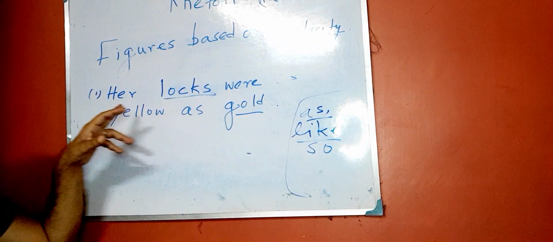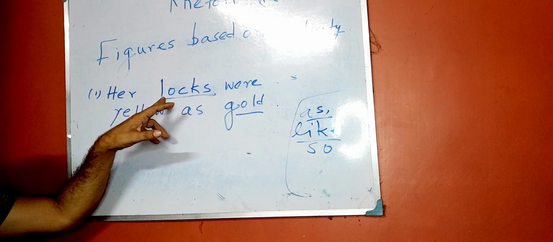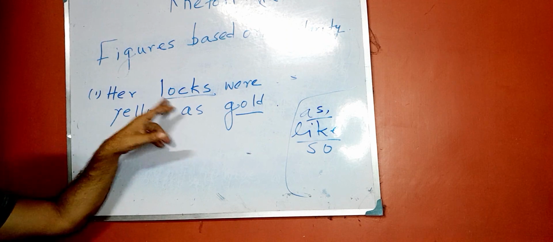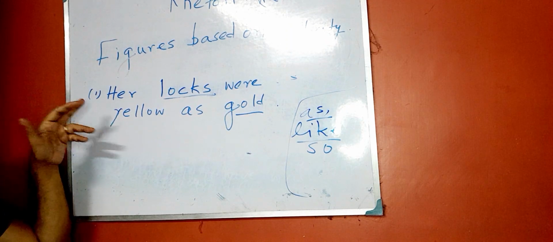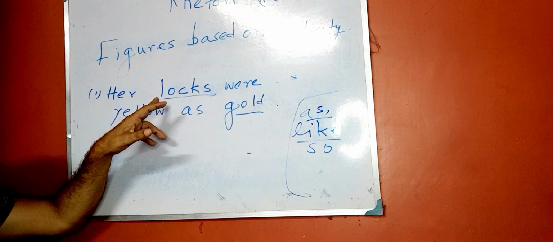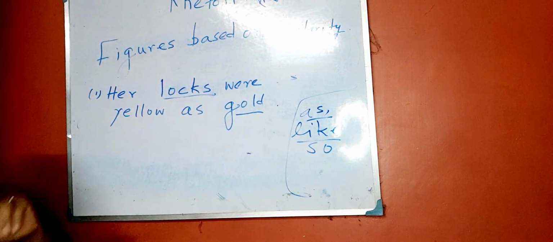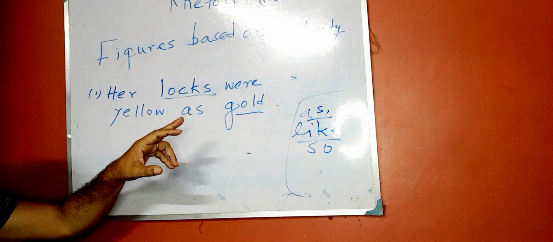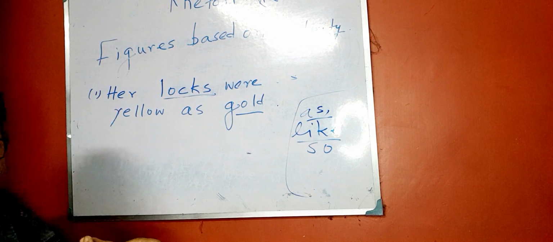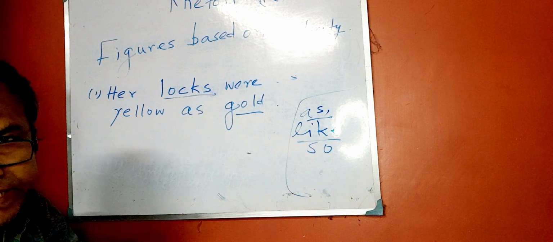So two unallied objects are compared. You can say in this way, the two objects, locks and gold, are compared, and they are different in nature, they are different kind.